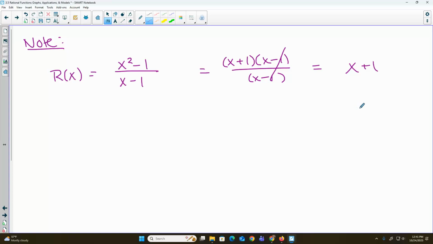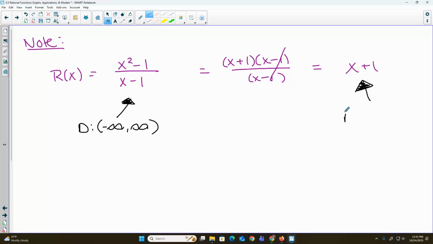Technically though, they're different. Because if you consider x squared minus 1 over x minus 1, what is my domain? Everything but 1. Okay, everything but 1. If you look at x plus 1, that's not even a fraction.